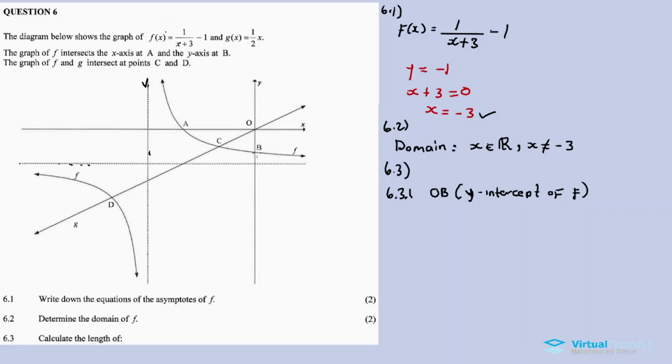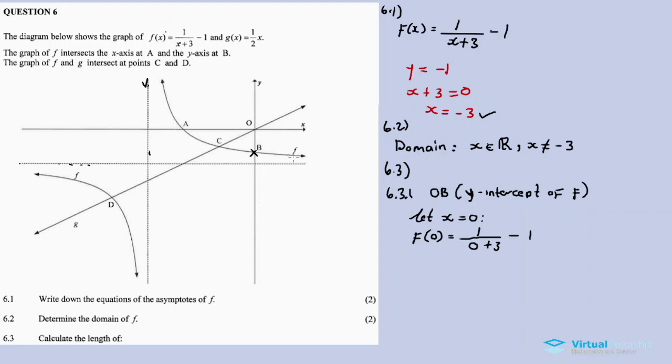The y-intercept of f is this point, B. Yes, it's B. So when we find the y-intercept of f, we will find the length OB. So we let x be equal to 0, and then in f we substitute 0 for x.